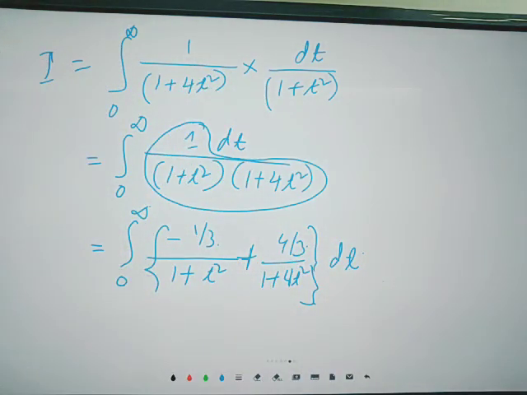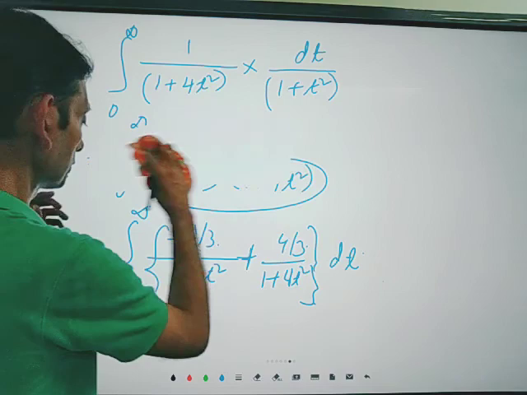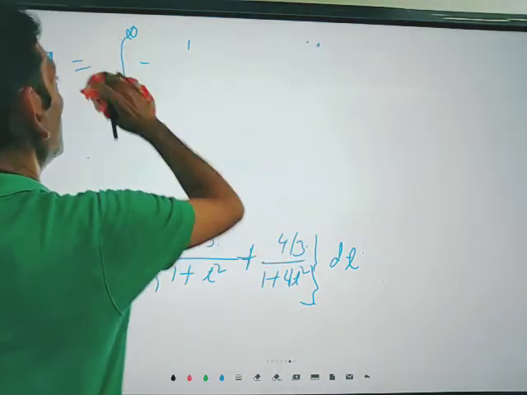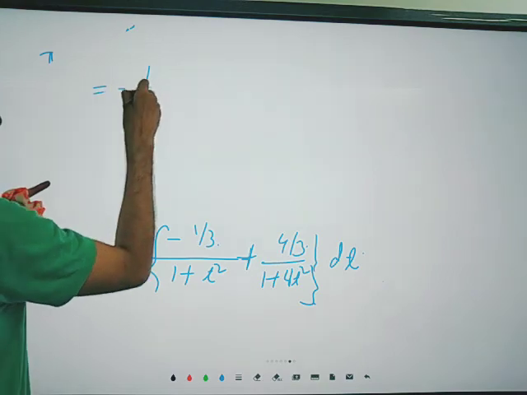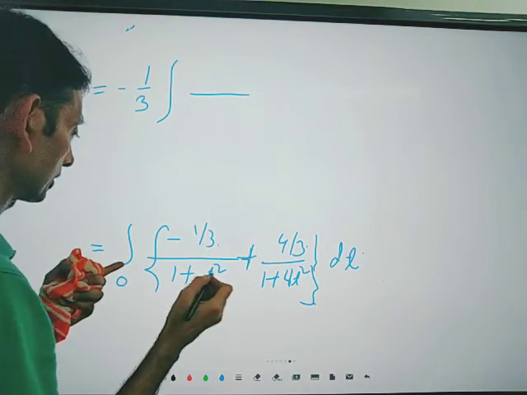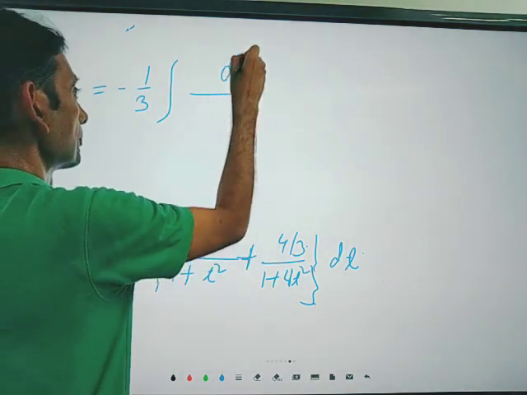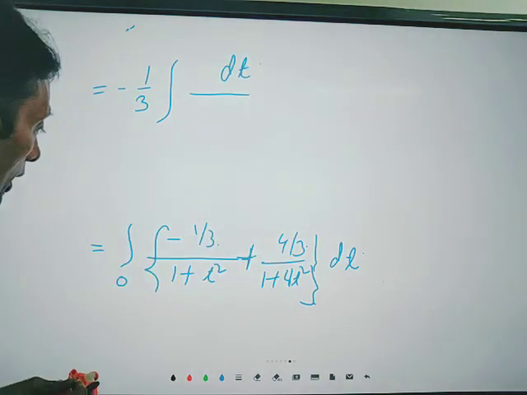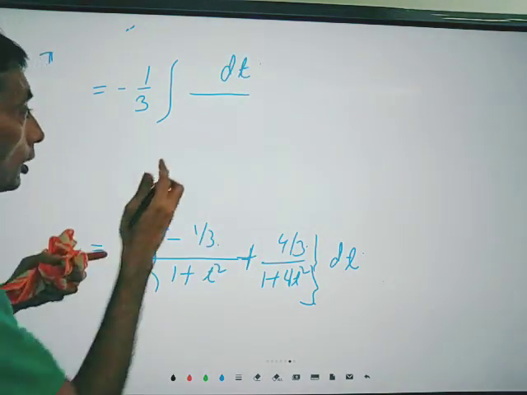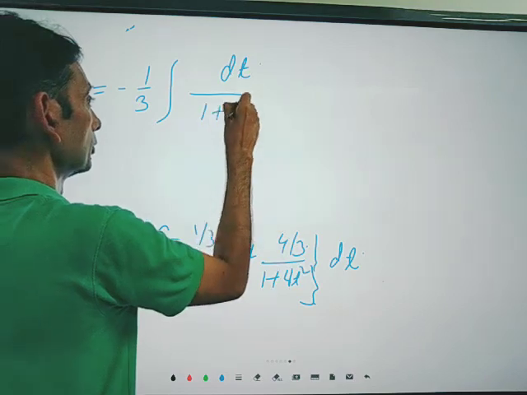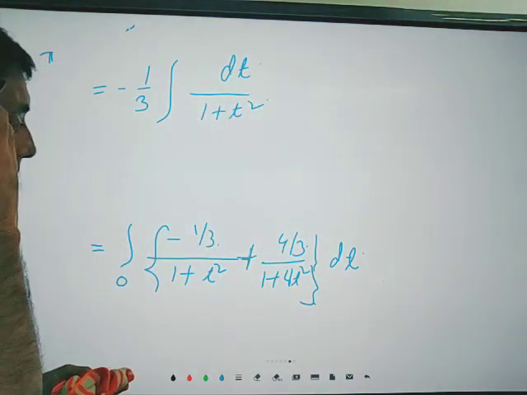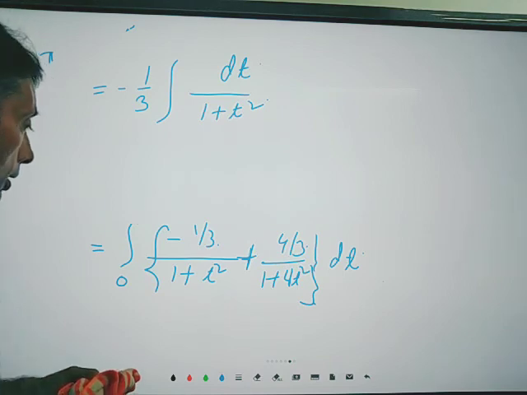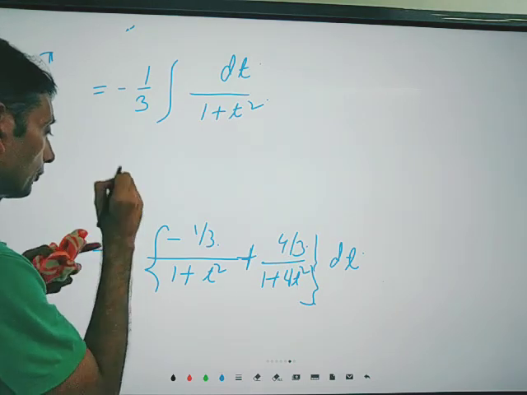Fine. So how to integrate this? Integration will be easy now. This is minus 1 by 3, we'll just separate the integrations now. dt by 1 plus t square, 0 to infinity.